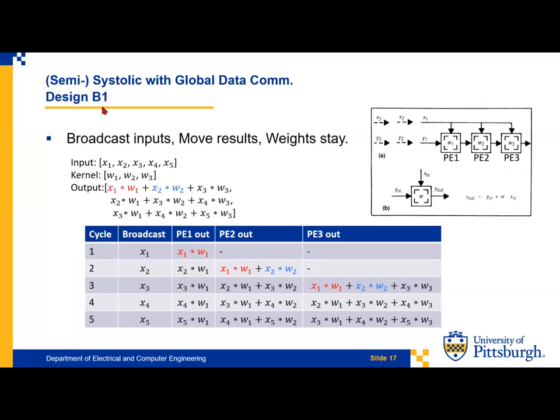This design, the B1, does the 1D convolution. In this design, you will broadcast the input and move the result, and the weight stays on each processing element, right? So here you have an input. The input is x1, 2, 3, 4, 5, and the kernel is w1, 2, 3, and the output is here. We expect to get the 1D convolution result here.